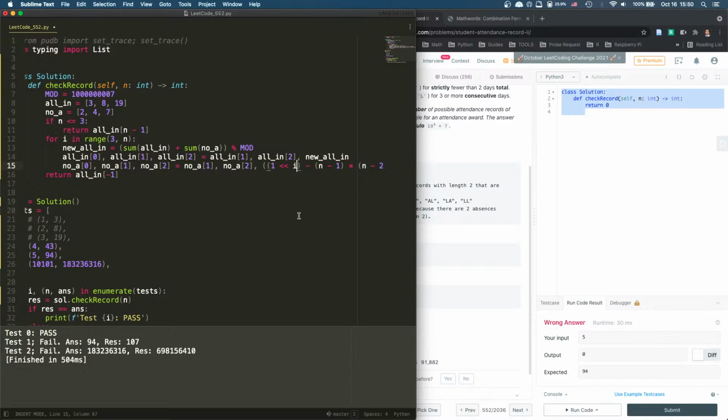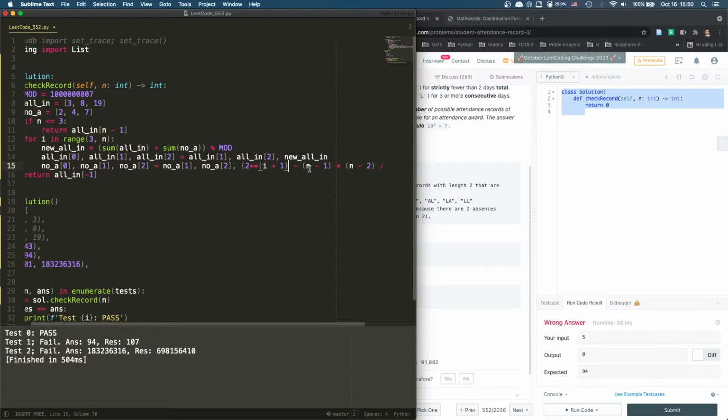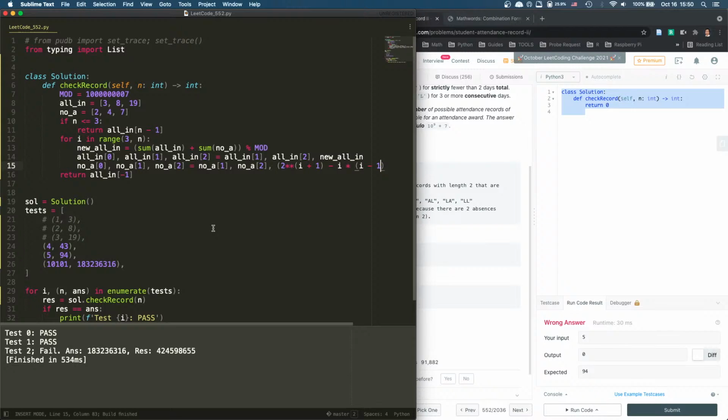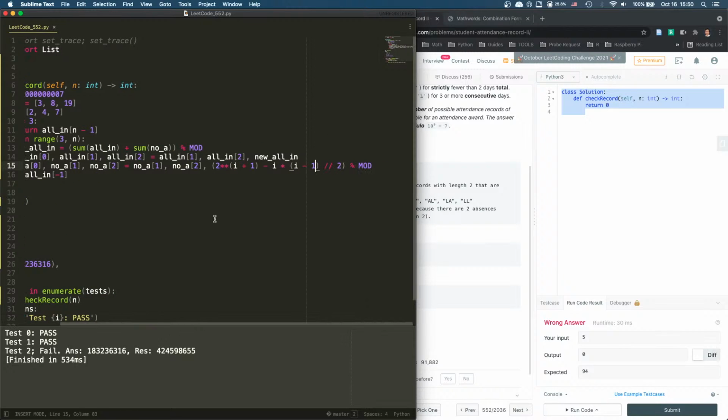So this is I plus 1 is the current value, 4, right? So what is I plus 1? Ah, this is just looking really ugly. So 2 to the I plus 1, right? That's the total possibilities. And then minus going to be I plus 1. This would be I plus 1, I minus 1. Okay? We pass these two, but we fail on this.